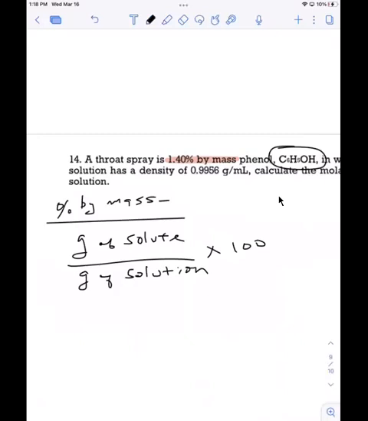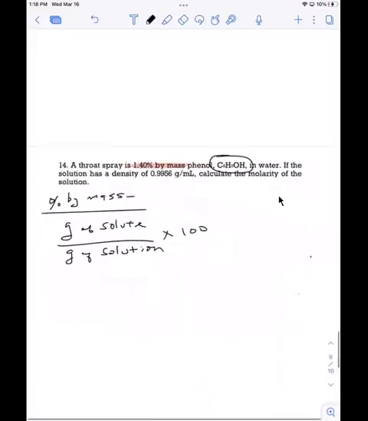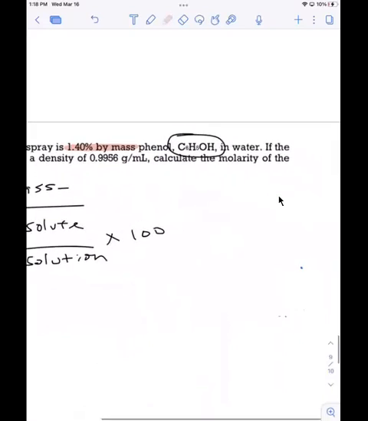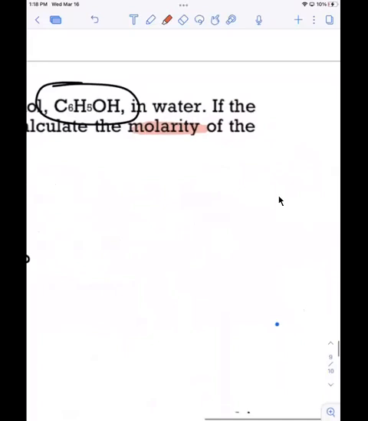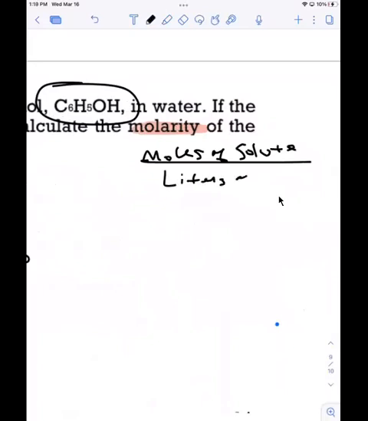All right. So we also have, and we're looking for the molarity, right? Let's get that straight. We're looking for molarity, which is in what? Moles of solute divided by liters of solution.